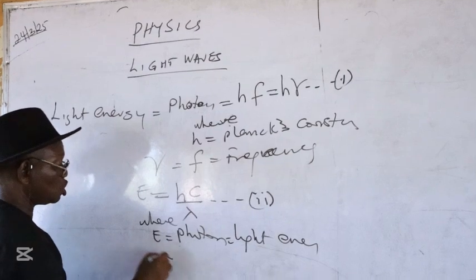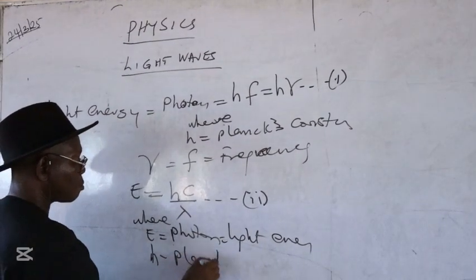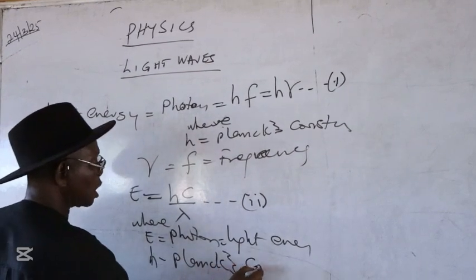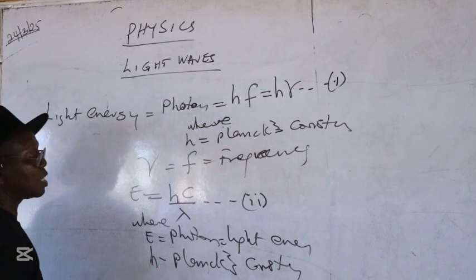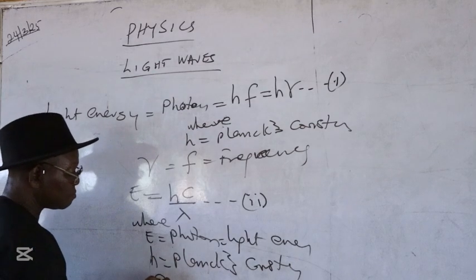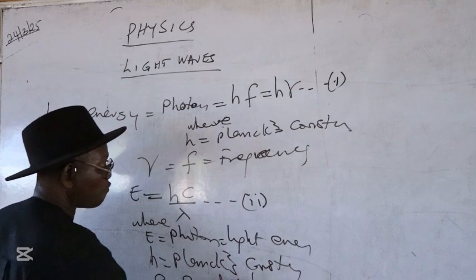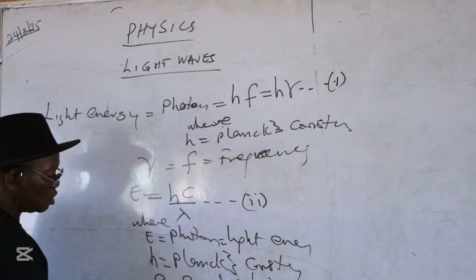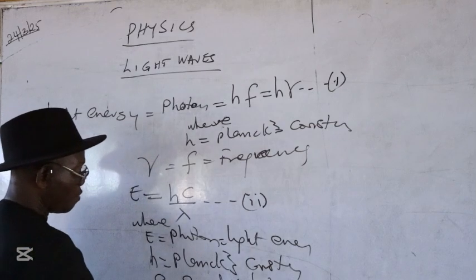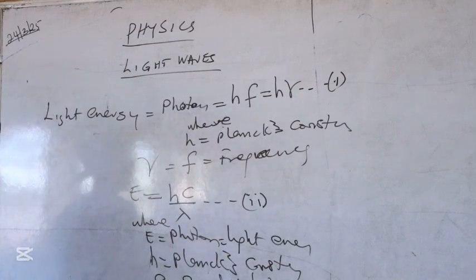H is the Planck constant, C is the speed of light, and this is known as wavelength. That's the energy that is being carried by light waves.